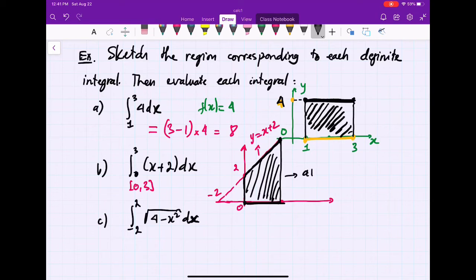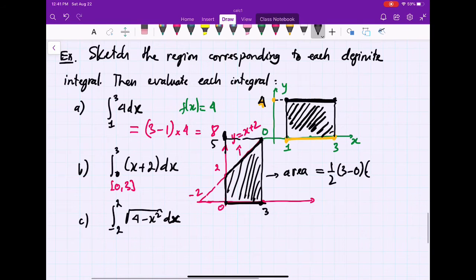So I can see the area of this guy equal to, you need to plug 3 into the function, you get 5 in here. That is the function value. So that is 1/2 of the height, which is 3 minus 0, times f of 0 plus f of 3.